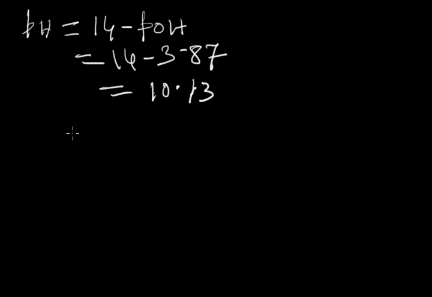This is 11, and the pH of ammonium hydroxide is 10.13. That is, the value is less than 11. That means with the same concentration of ammonium hydroxide and NaOH, the ammonium hydroxide solution is less basic because the electrolyte is weak. That's all. This is all about pH of weak acid and weak base solution.